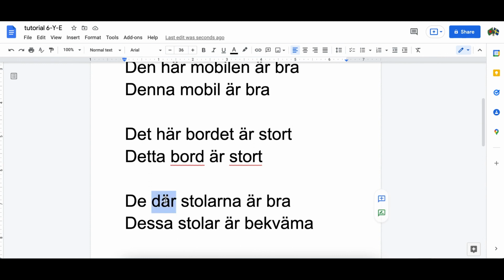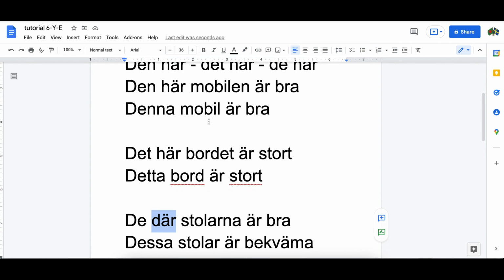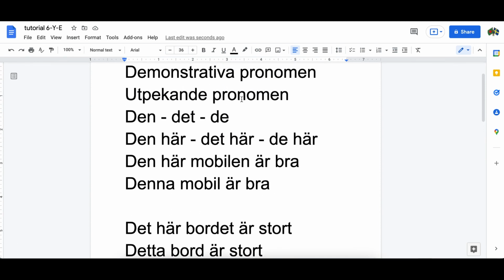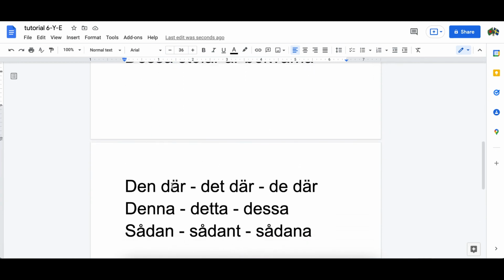De där stolarna means the chairs are far from us. Så dessa stolar är bekväma, de där stolarna, det här bordet och den här mobilen. Så demonstrativa pronomen det är den här, det här, de här. Eller den där, det där, de där. Denna, detta, dessa. Sådan, sådant, sådana.